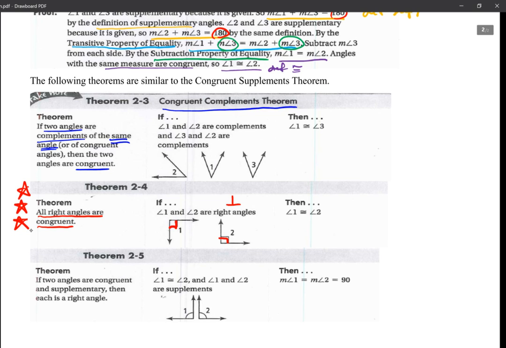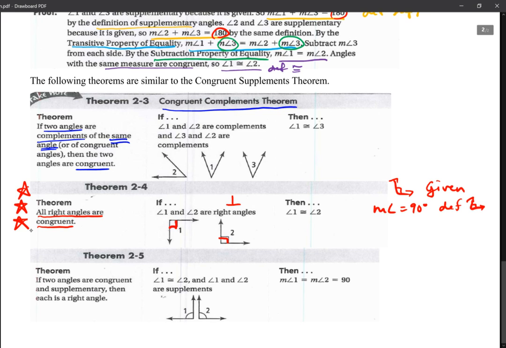And this is a theorem, so there is a proof for that. It's a pretty easy proof. We have a right angle, that's given. And what do we know? That the measure of that angle is 90 degrees. That's pretty much the definition of right angle.